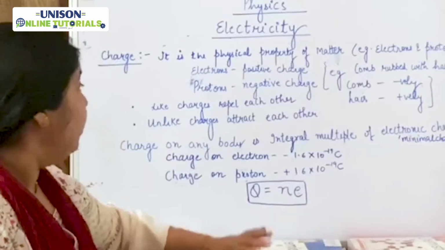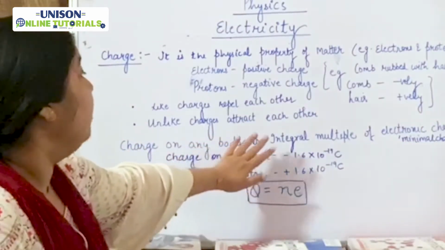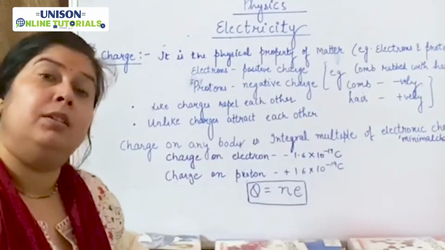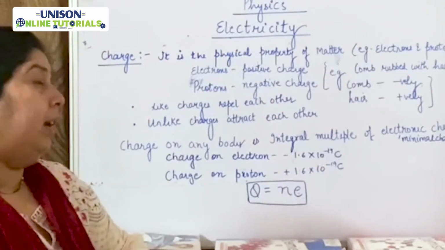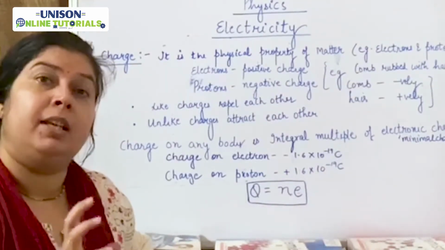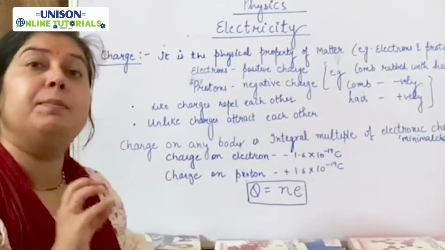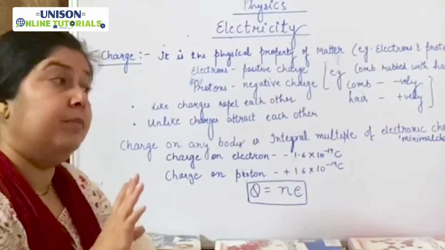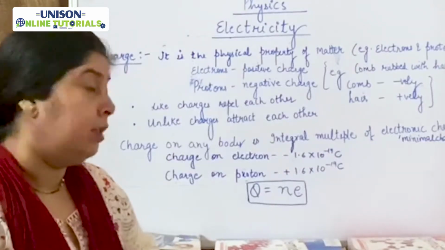Is it clear? So next is charge on any body is integral multiple of electronic charge. किसी भी बॉडी पे अगर आपने निकालना है कि कितना चार्ज प्रेजेंट है तो वो हमेशा हम इन टर्म्स ऑफ किस में देखेंगे? इलेक्ट्रॉन्स में देखेंगे. कैसे देखेंगे? इन टर्म्स ऑफ इलेक्ट्रॉन्स, because electricity is flow of electrons.